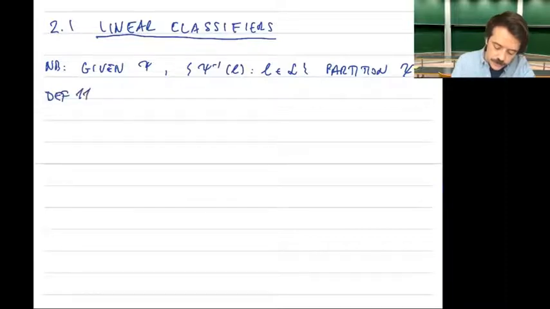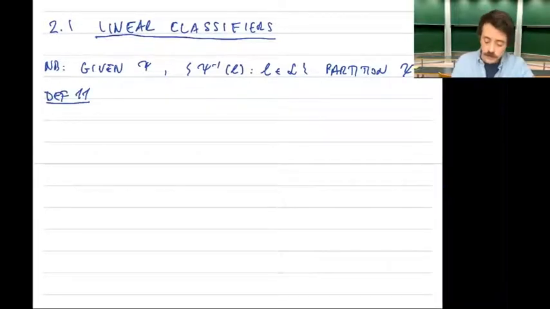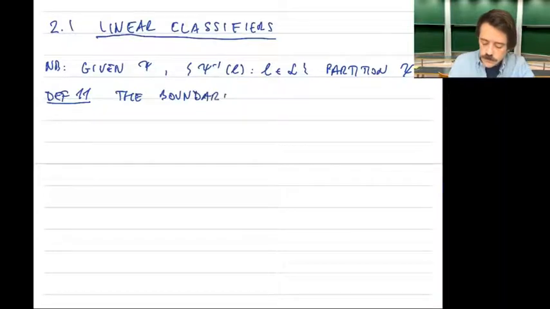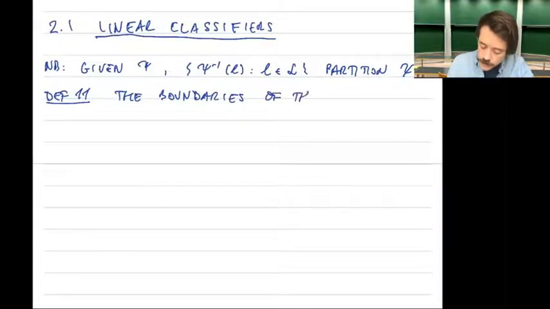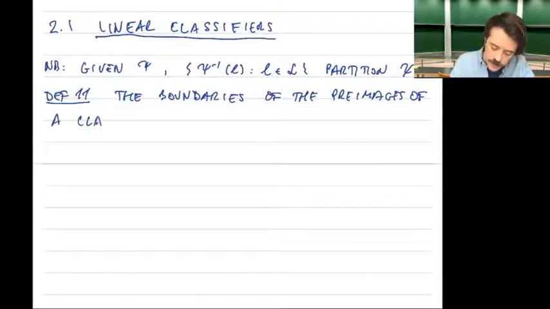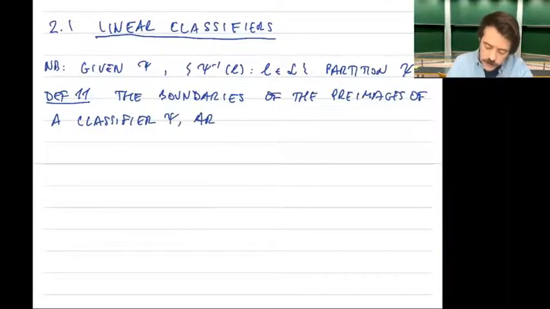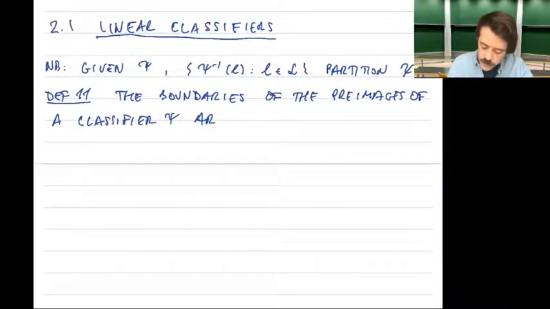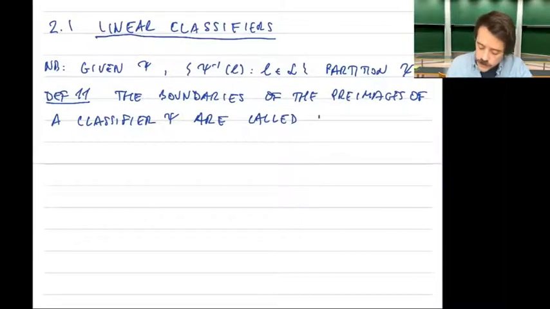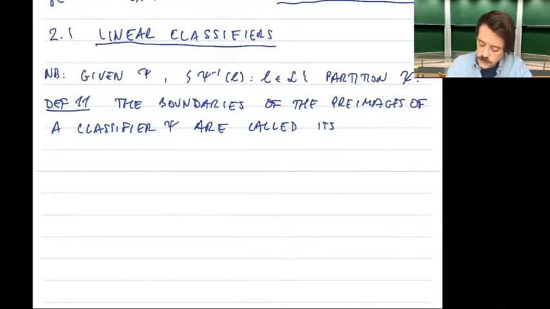Definition 11, which contains 2 bits. The boundaries of the pre-images of a classifier psi are called its decision or classification boundaries.